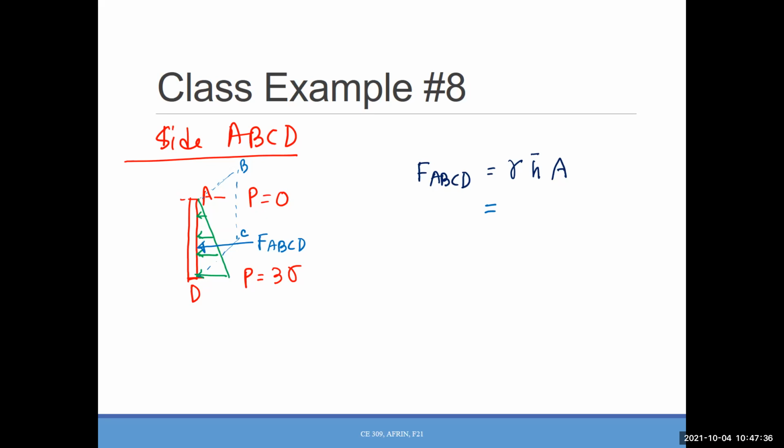What will be the gamma? Water. So gamma will be, what is the value of gamma? Yes, do that. And what will be the H prime? Read again. How did you get 1.5?